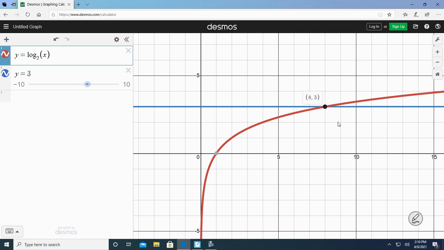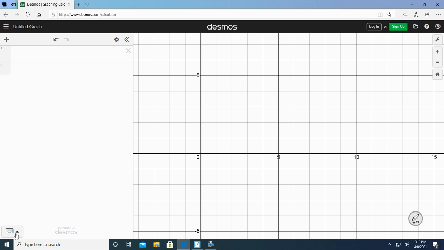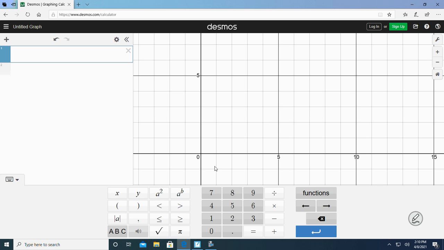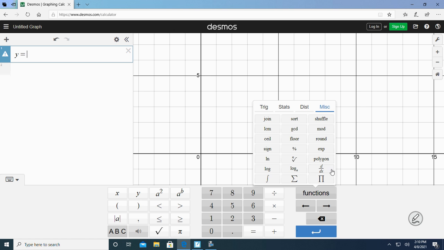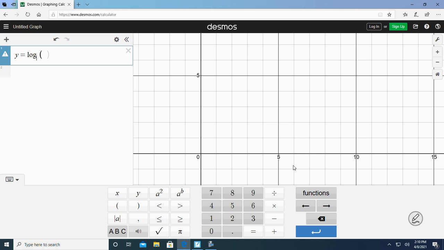So it's a matter of you recognizing where to find things. Like number 6, I can do the same thing. So again, on Desmos, bring up the keypad, have both sides y equals. Go to functions under miscellaneous, find the log base a. So I have log base 4 of x, close parentheses.